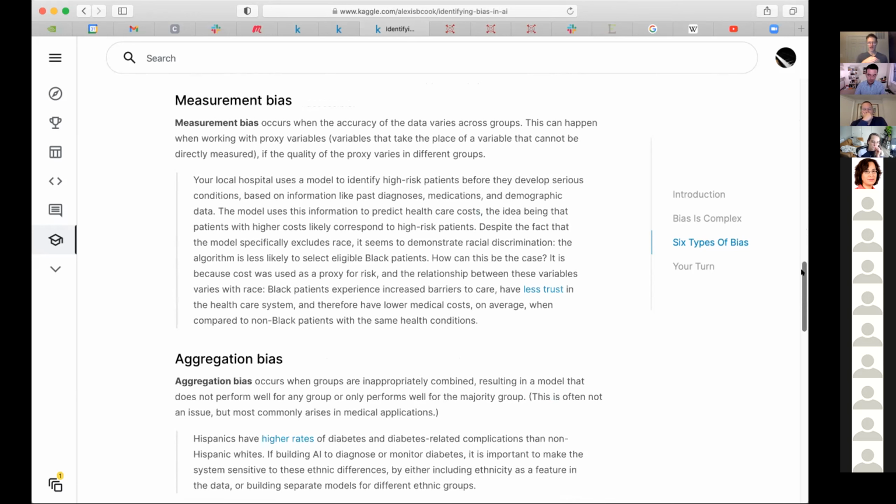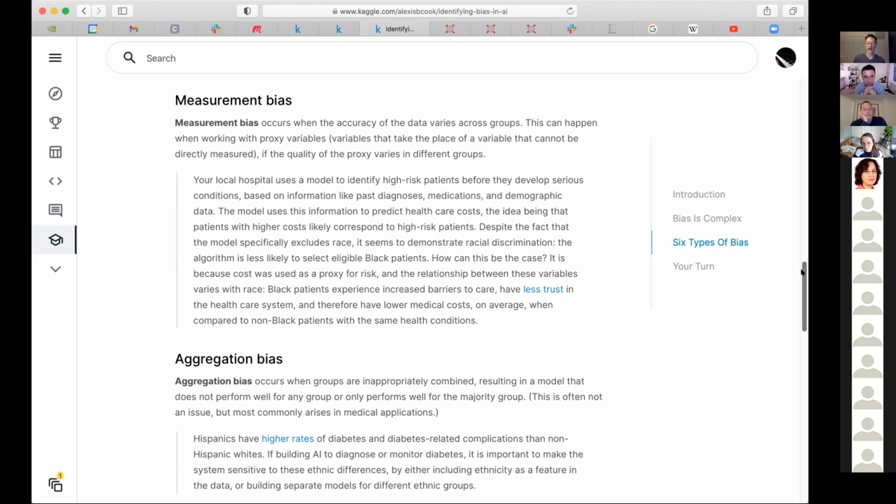Our third bias source is measurement bias. You can get measurement bias when the accuracy of your data varies across groups. This can happen if you're working with proxy variables in particular. So the example they give here is, suppose you're trying to identify high-risk patients in a hospital, and you are using past costs to predict who might have high risks in the future.